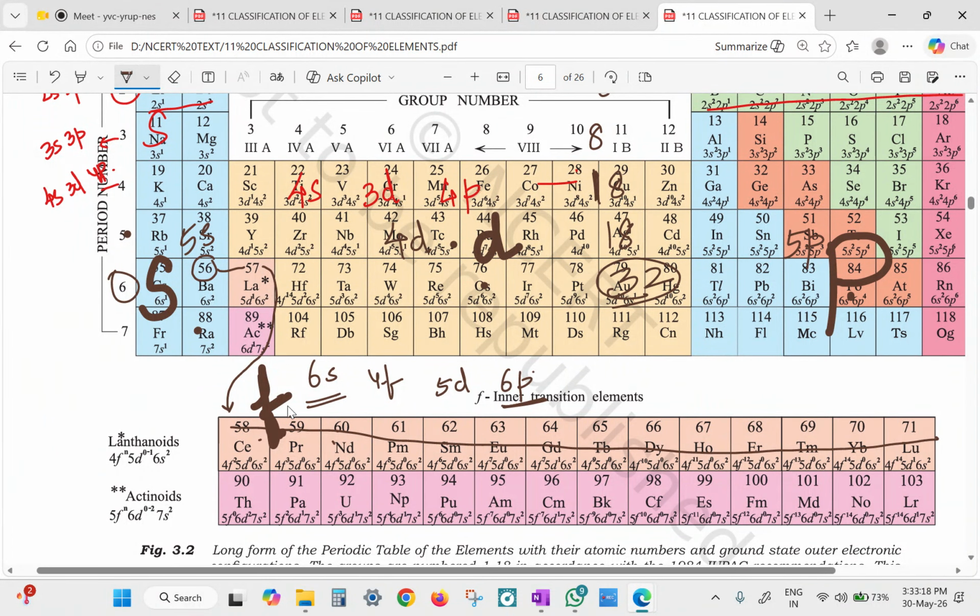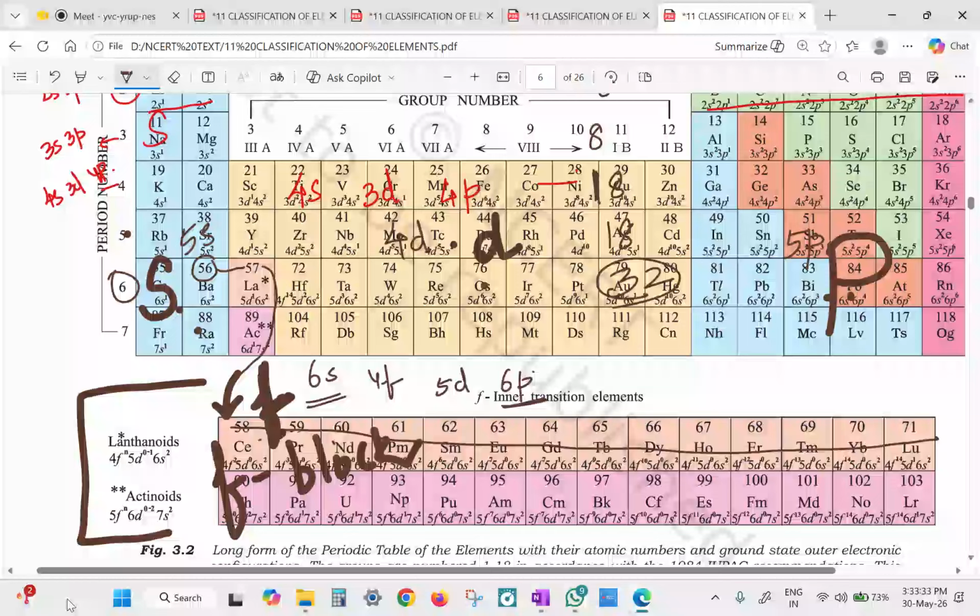That is why, if it's not similar to S, D or P block, these 14 elements are placed separately in another section which will be called the F block elements.